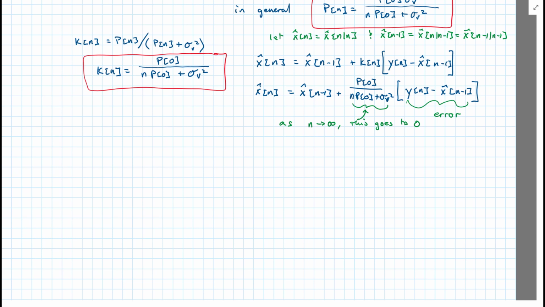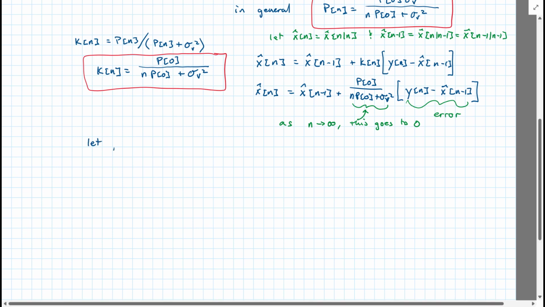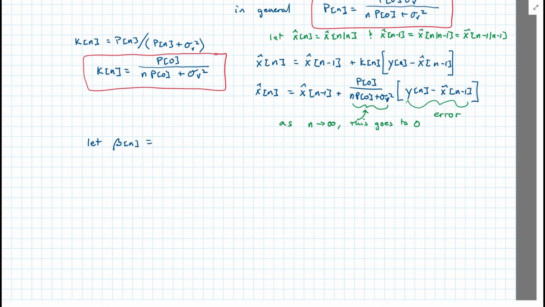So to simplify this discussion a little bit more, let's just define a new variable, beta n equal to p0 over p0 plus sigma v squared. Now, if you're astute, you might have already noticed that this is identically equal to the Kalman gain.